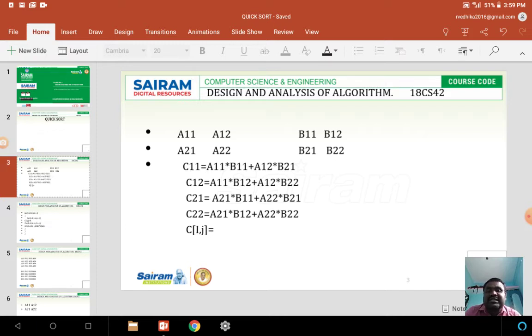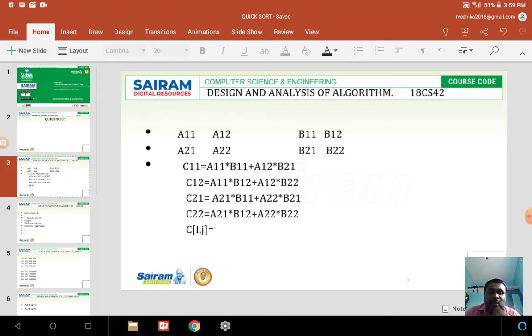Similarly, C21 will be computed as A21 multiplied with B11 plus A22 multiplied with B21, and C22 will be computed as A21 multiplied with B12 plus A22 multiplied with B22.